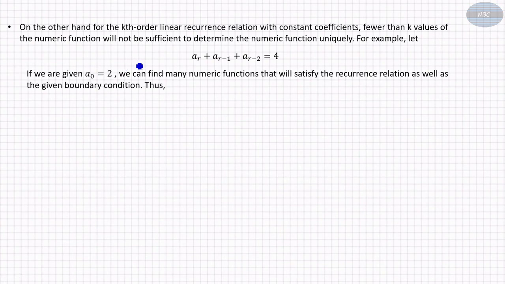If only one value of a, that is a_0, is given instead of two consecutive values, then we can find many numeric functions that will satisfy the recurrence relation as well as the given boundary condition.